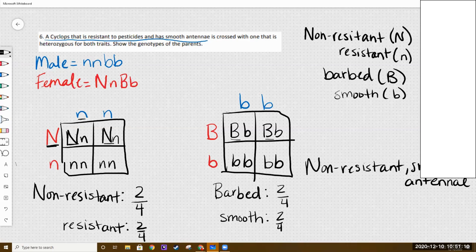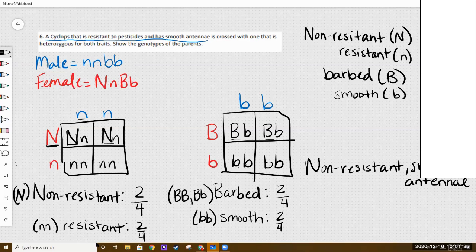And then if it's non-resistant, it should have an N in the box, at least one. If it's resistant, the only way it's resistant would be little n, little n. Same thing for barb. You should have either big B, big B, or big B, little b to have barb, because both of those genotypes have the dominant trait. And then smooth would only be little b, little b.